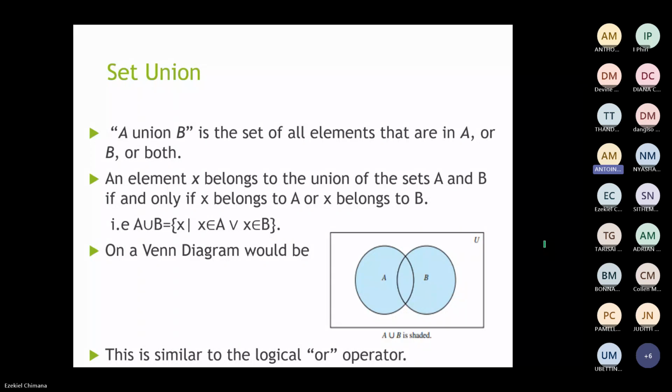A set union. A union B is the set of elements that are in A or B or both.